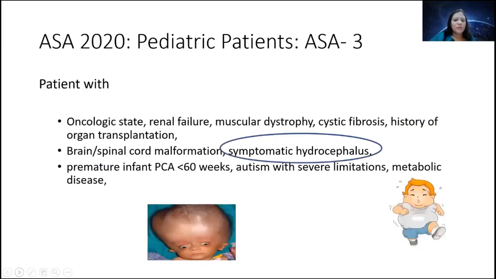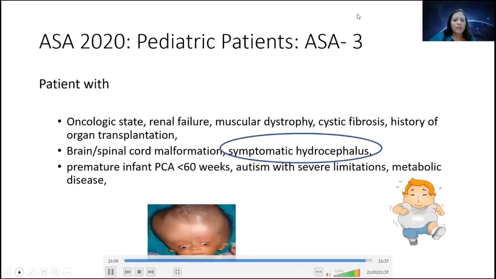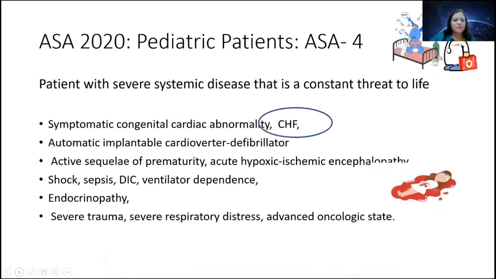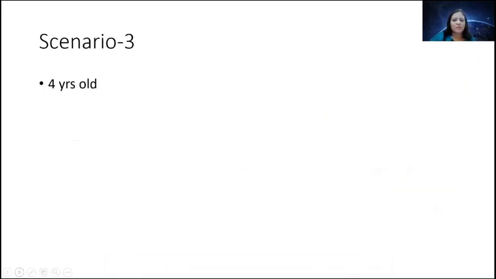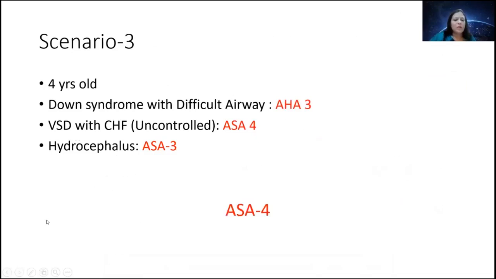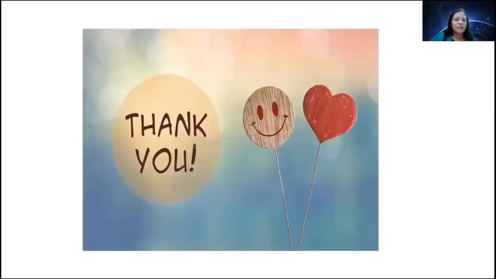So this child also having symptomatic hydrocephalus and having CHF has been placed under grade 4. So this is how you classify. If even two features are under ASA grade 3 and there is some feature which is under grade 4, you consider it as a grade 4. Thank you very much. I hope you enjoyed learning with me.